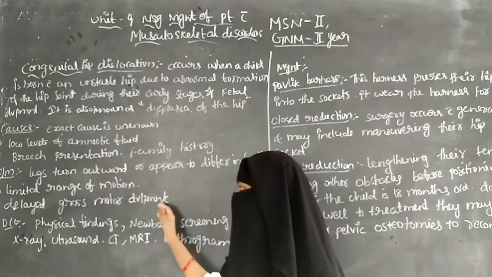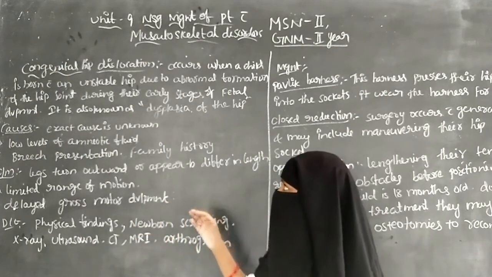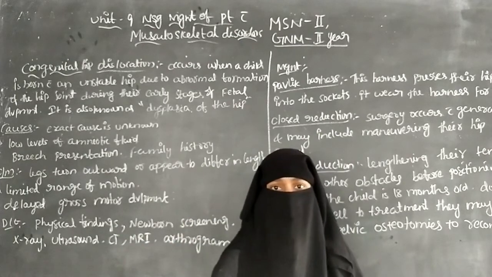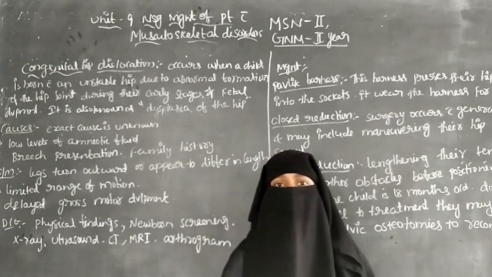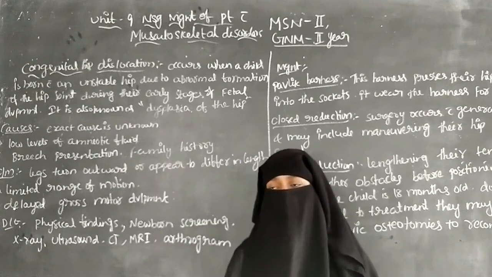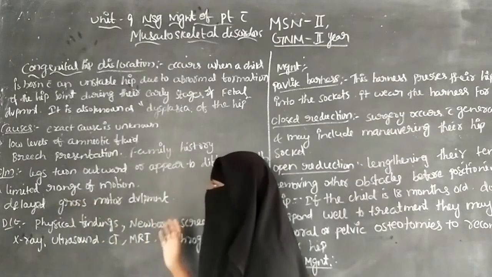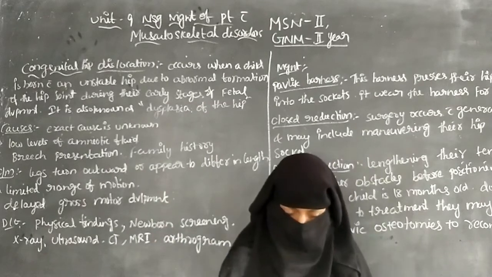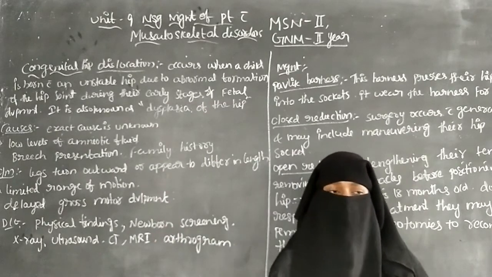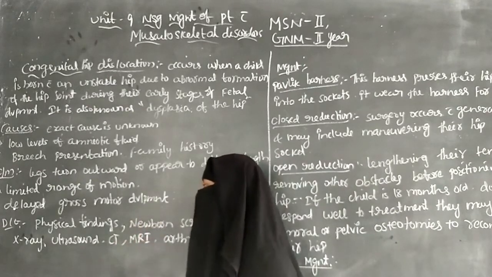Because of congenital hip dislocation, the child cannot walk properly or sit properly, and crawling becomes late when compared with a normal child. So gross motor development becomes late compared with a normal child.